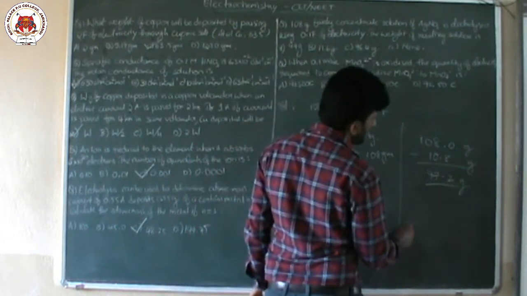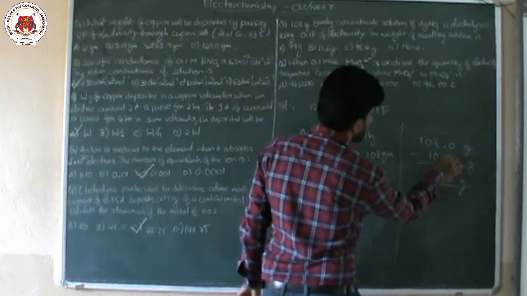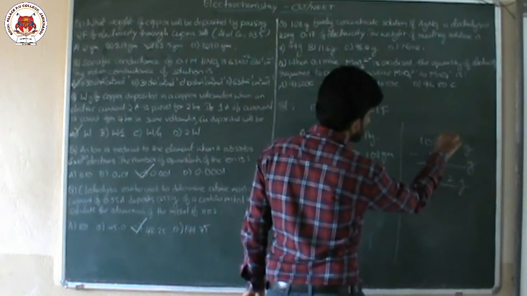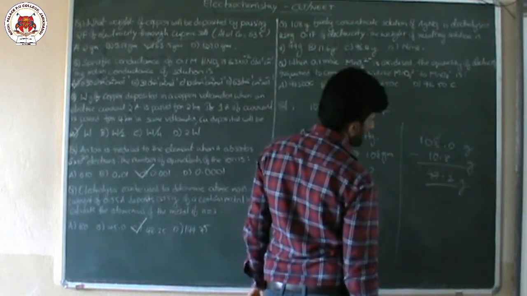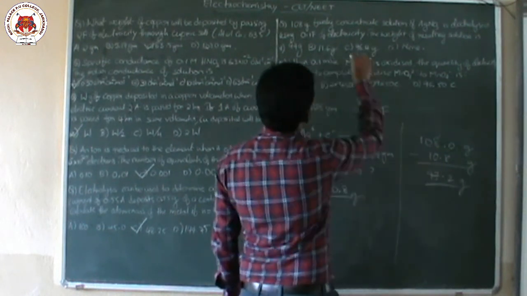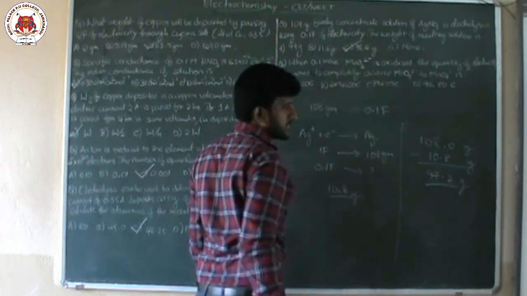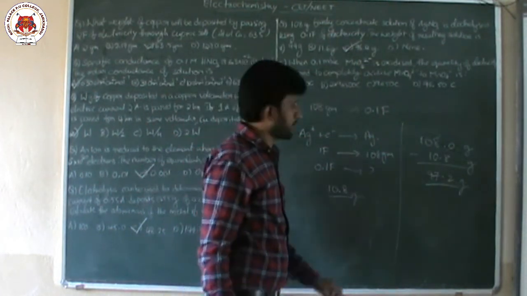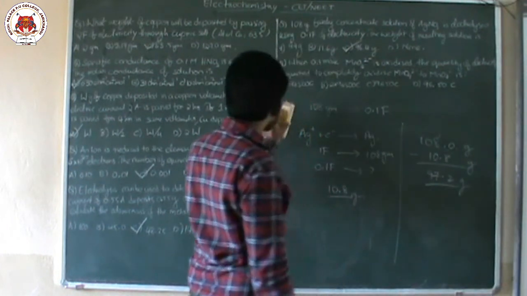Approximately, you can take it as 96.4. Okay, approximate value it is 96.4.